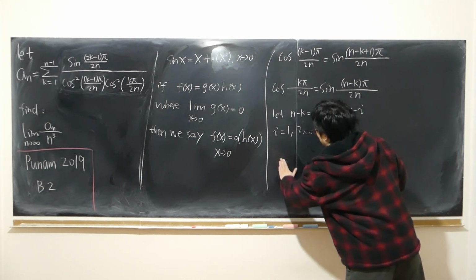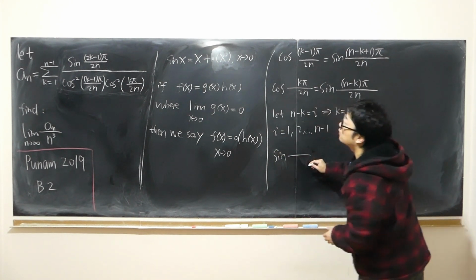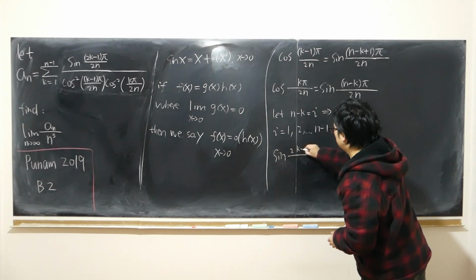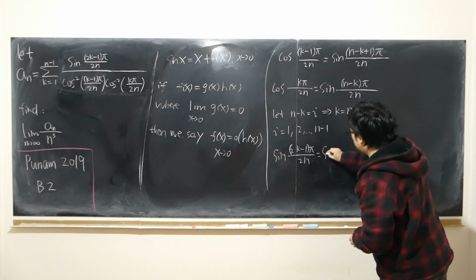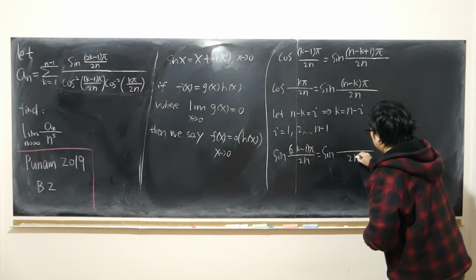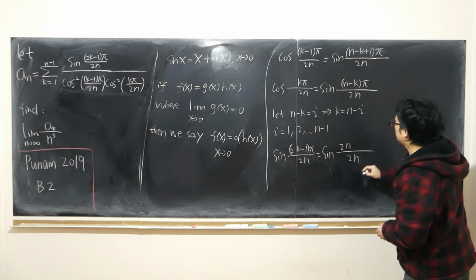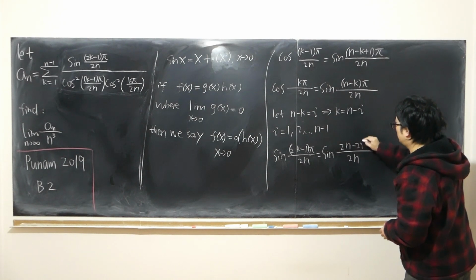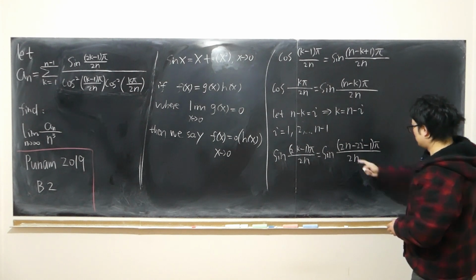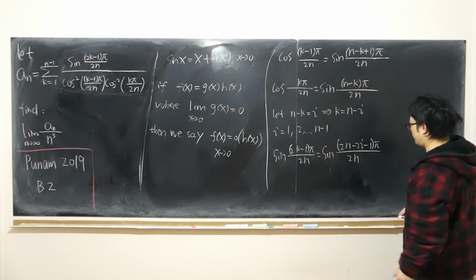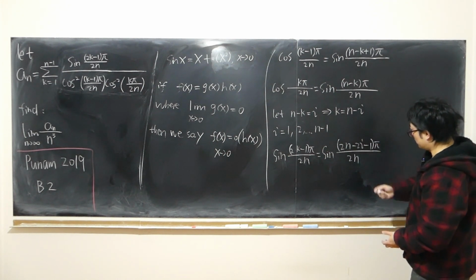First of all, I want to rewrite the top sine: (2k minus 1) pi over 2n is simply sine of (2n minus 2k minus 1) pi over 2n. 2n times pi over 2n is just pi, and the negative signs: negative 2k, negative pi, become positive.